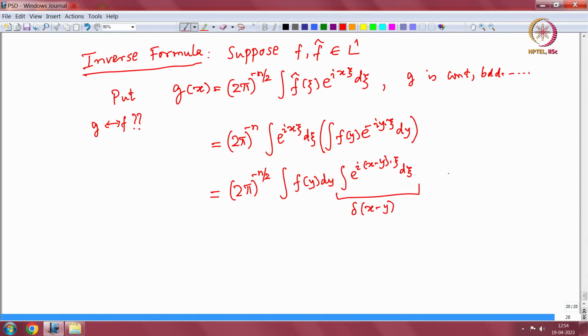Arguing like Dirac, we do get f of x. This is a purely heuristic argument, with no justification of the interchange of integrals or the meaning of this integral.